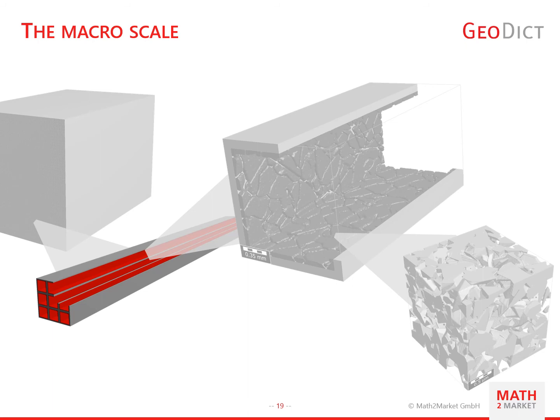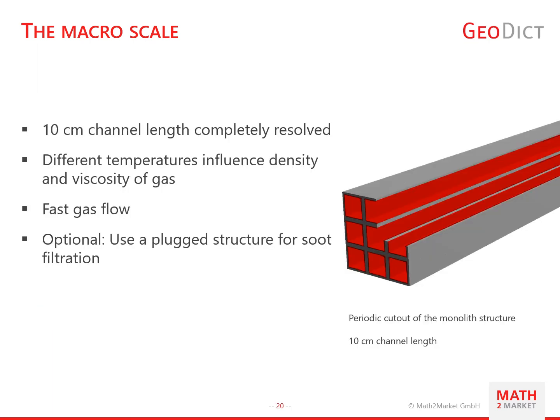Our last scale is getting bigger and bigger now, the macro scale. Here you see the model of our macro scale, and differently than before, we have the 10 centimeter channel length completely resolved, so no periodic conditions here, and we will simulate the flow going through these channels and have a look at the pressure drop.